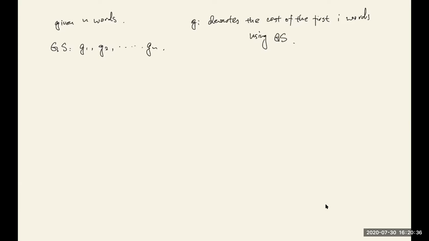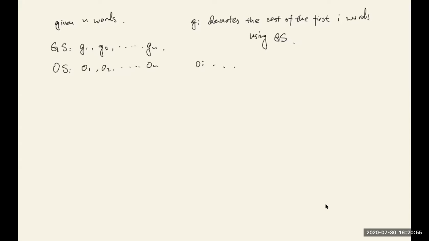This is the normal definition. And the optimal is basically O1, O2, blah, blah, blah, On, where Oi denotes the cost of the first i words using another strategy, correct?